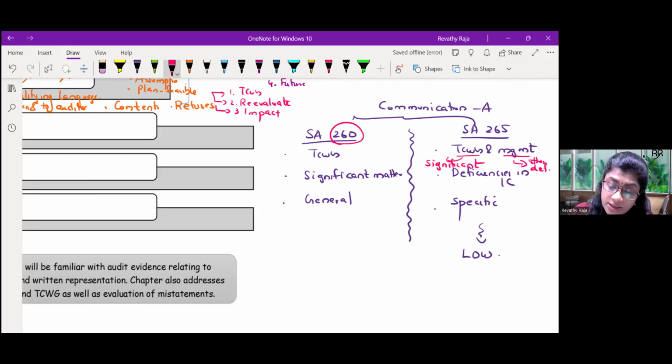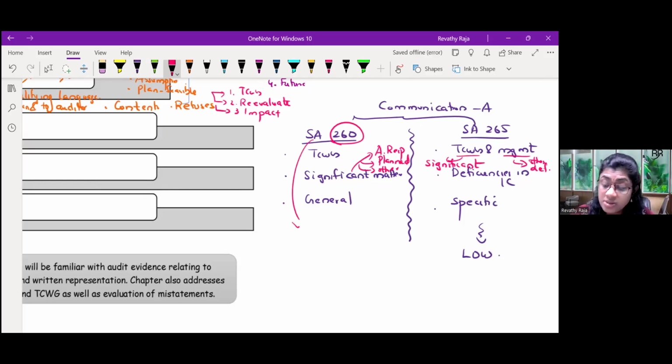Now here, in SA 260, any significant matters, where you will communicate auditor's responsibility, audit plan, scope and timing, and other significant matters like written representation requested but not obtained, difficulties encountered, audit report form and content.